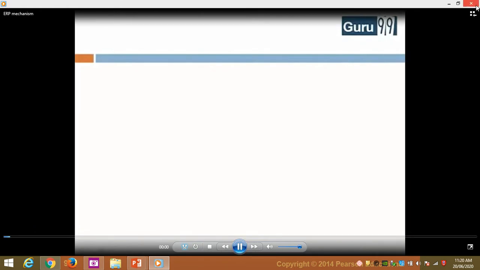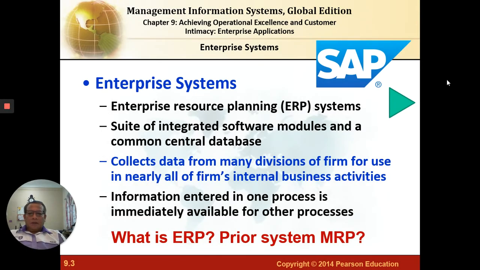The very basic question. Okay, just now the video clip explained how the ERP system functions. So that is some of the key features and functions. How does an ERP system, for example, by the name of SAP, work?